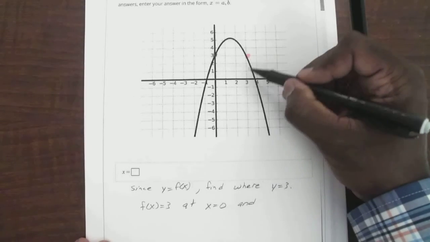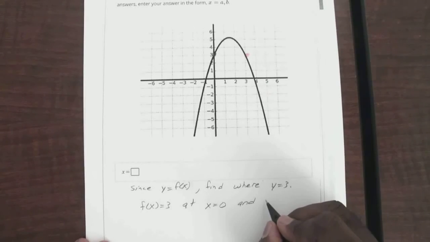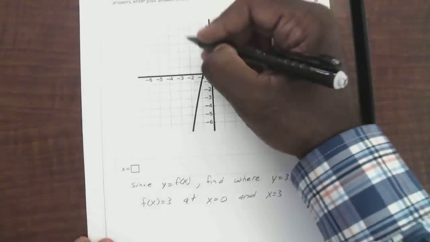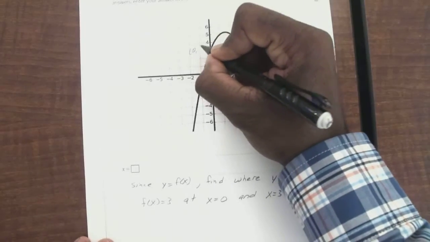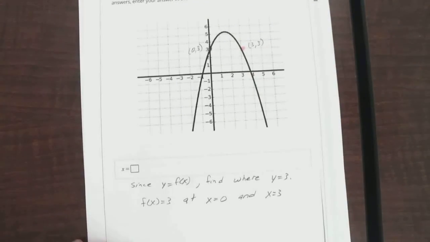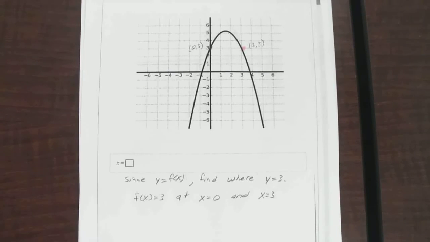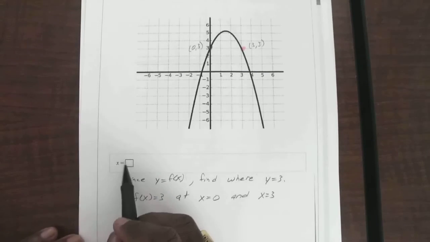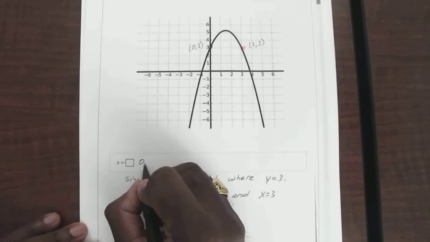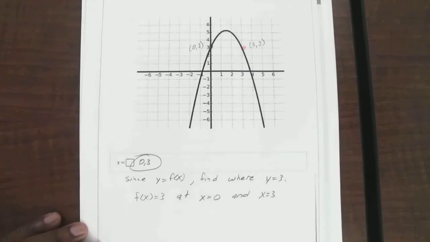And when x is equal to 3, y is equal to 3. Okay, so you have your ordered pair of 0, 3, and 3, 3. So your answer will actually just be 0 and 3. That box is a little small, so I'll just make it 0, 3. Okay. So sometimes they'll give you the equation, sometimes they'll give you a graph. They have different ways of asking you the question.